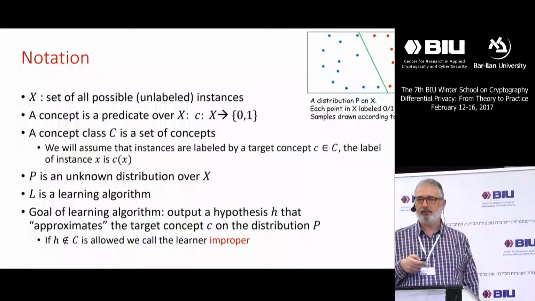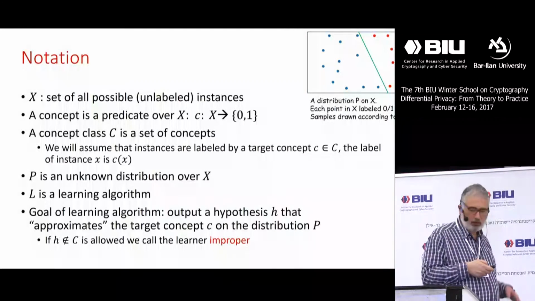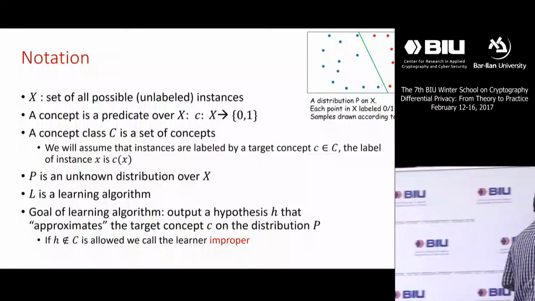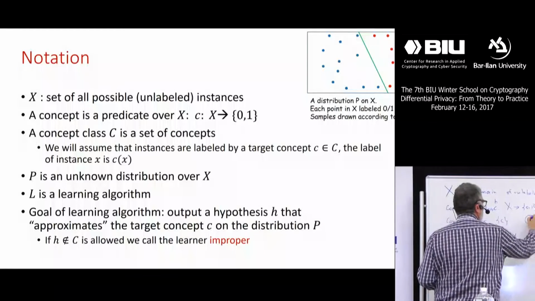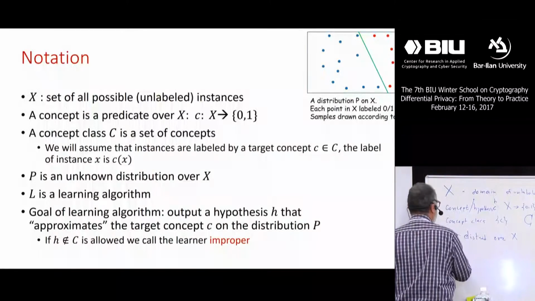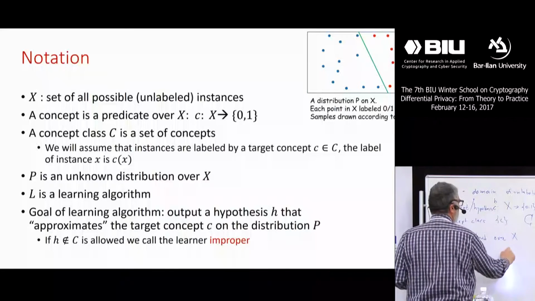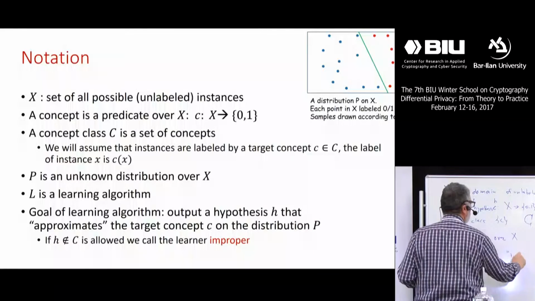Otherwise it's a proper learner. Okay? So the concept class is capital C. If we allow H not in C, then the learner is improper.